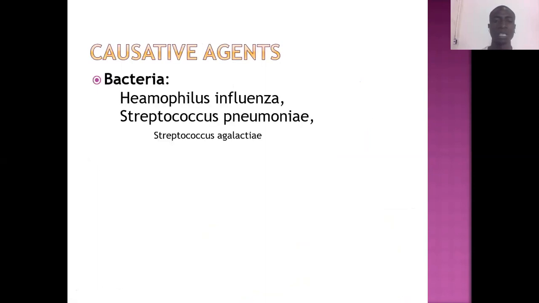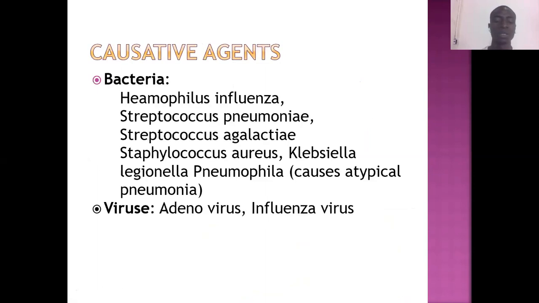Causative organisms which cause pneumonia. Under bacteria, we have Haemophilus influenzae and Streptococcus pneumoniae. These are some of the organisms which cause pneumonia under bacteria, and also Streptococcus.